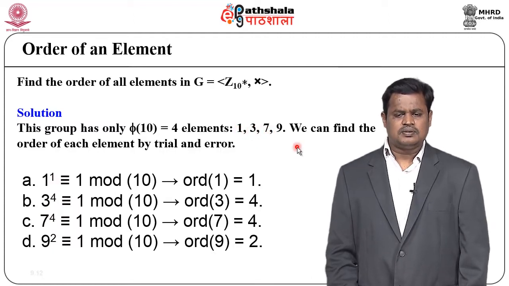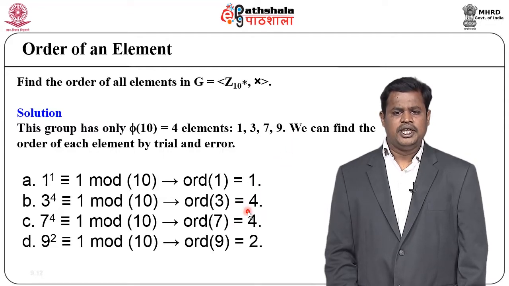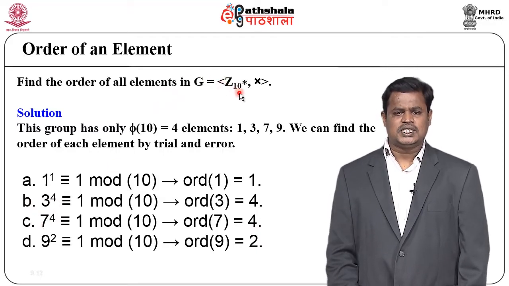From these, the element whose order is equal to 4 is a primitive root of the given group. So I can say 3 and 7 are primitive elements of the group Z10 under multiplication.